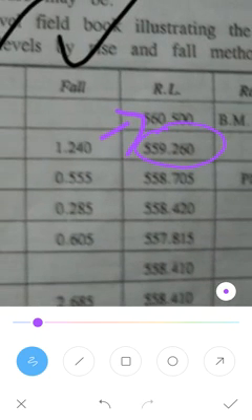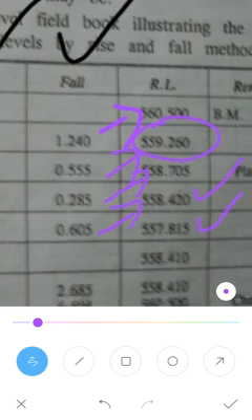Again, 559.260 minus 0.555, you will get 558.705. Again you minus this, you will get this one. Again, 558.420 minus 0.605, you will get 557.815.